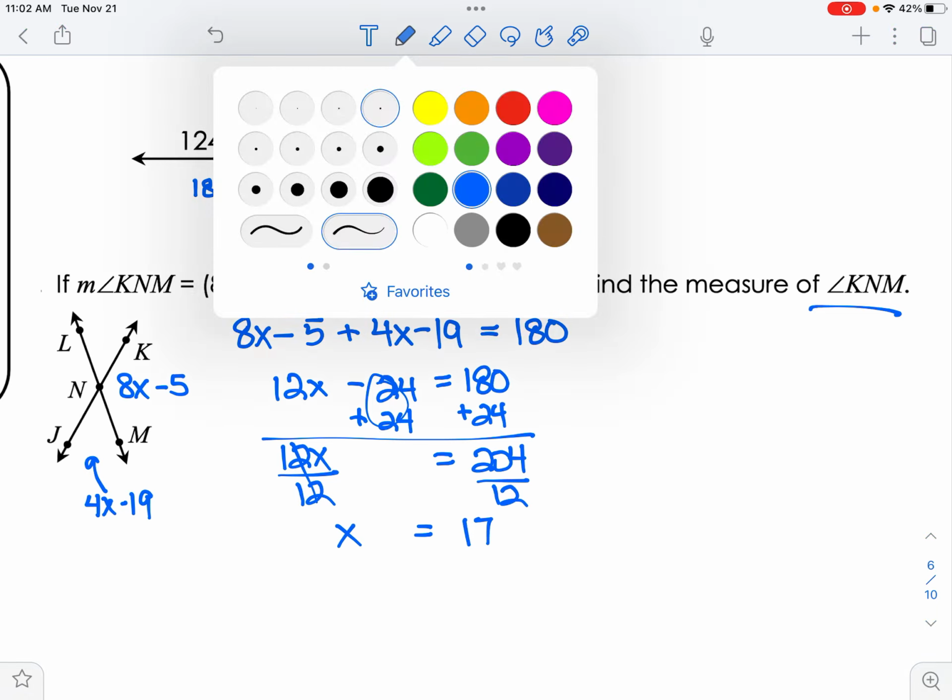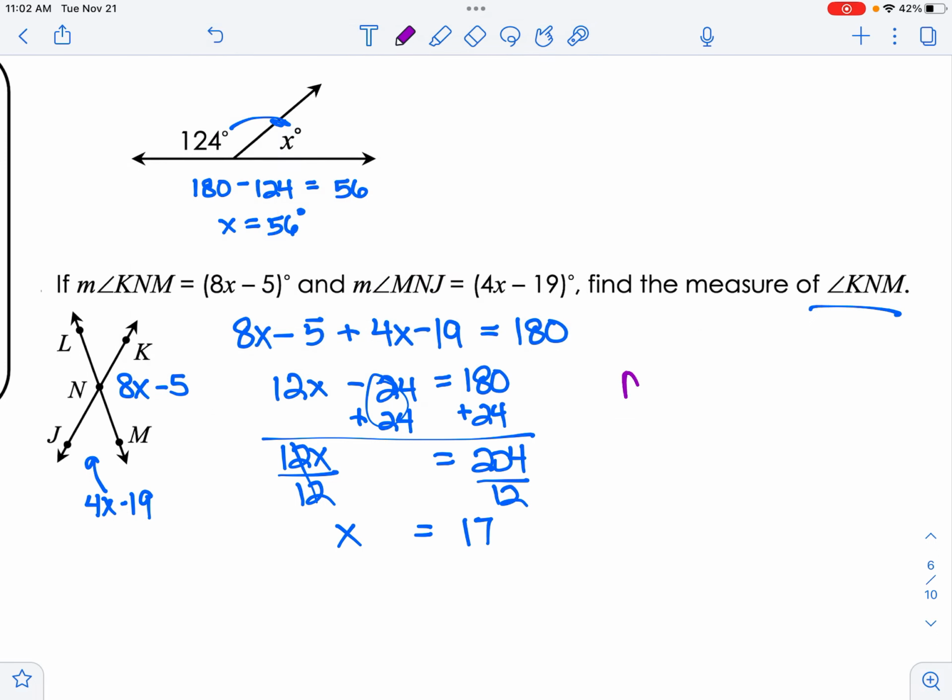Okay, so KNM is 8x minus 5, so I'm going to say 8 times 17 minus 5.